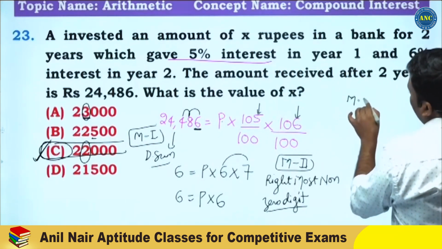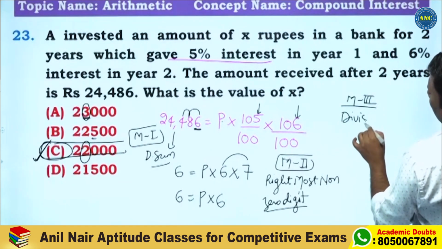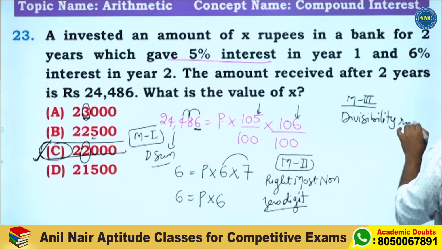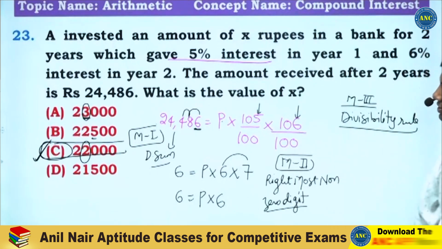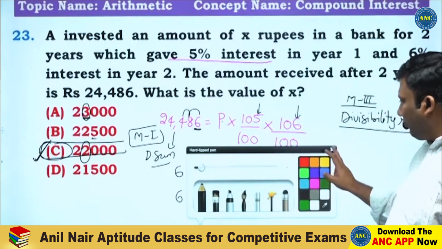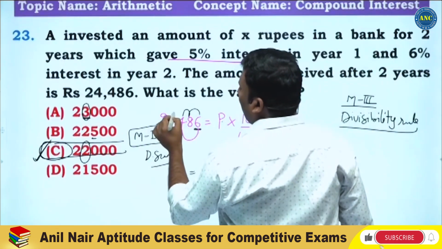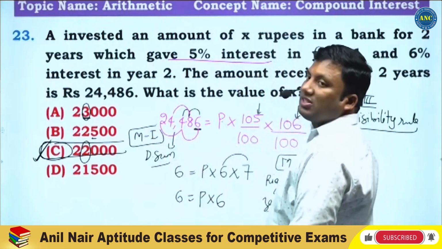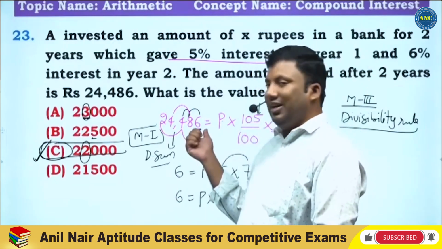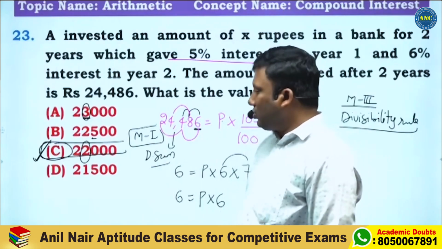Method 3, by using divisibility rule. Observe carefully in the left hand side. 6 plus 4, 10. 10 plus 2, 12. 8 plus 4, 12. Sum of the odd places minus sum of the even places, 12 minus 12, it is 0.